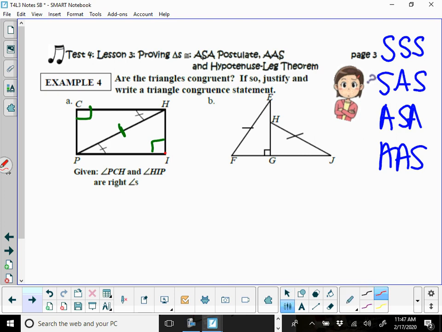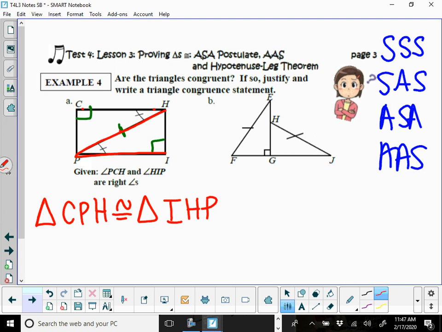If I start here, I've got angle, angle, and then the side. Angle, angle, side. Remember, the side is not between the two angles. So make your statement: if I start with C, we'll do CPH is congruent to IHP, where C corresponds to I, and P to the non-labeled angle.